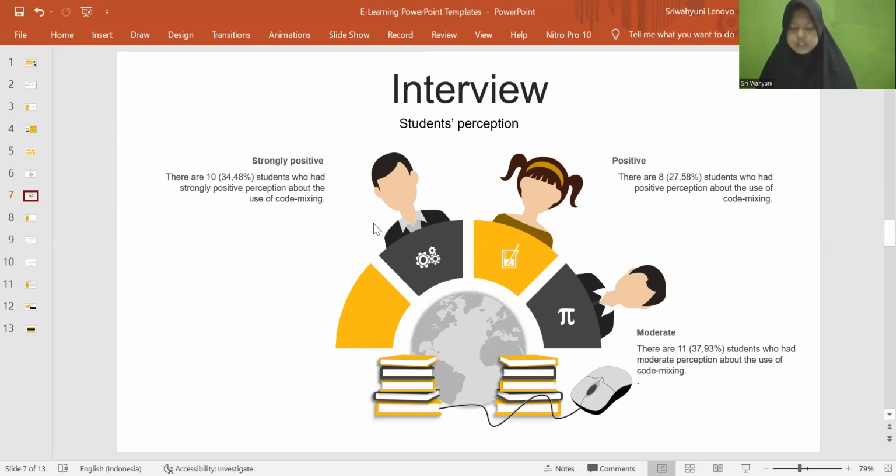We move to the positive perception. There are 8, or 27.58%, students who have a positive perception about the use of code mixing by the teacher. They said that students feel happy with their teacher using code mixing.